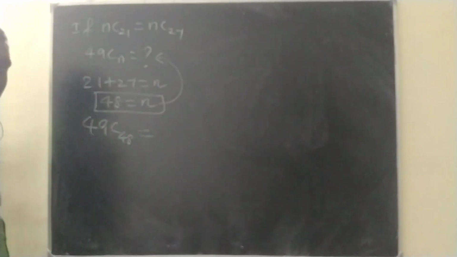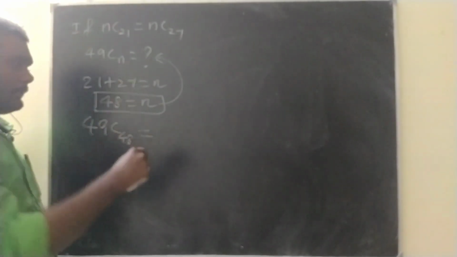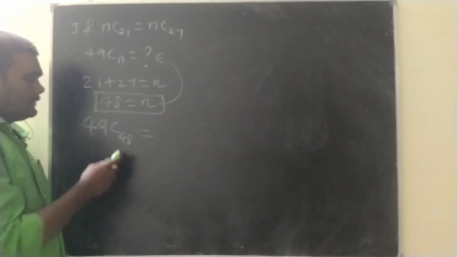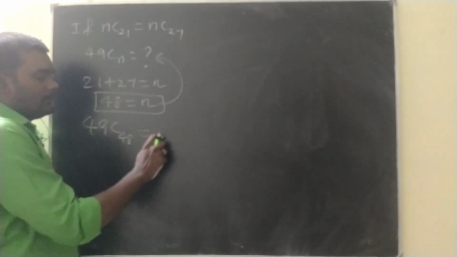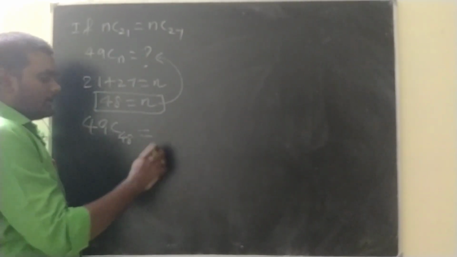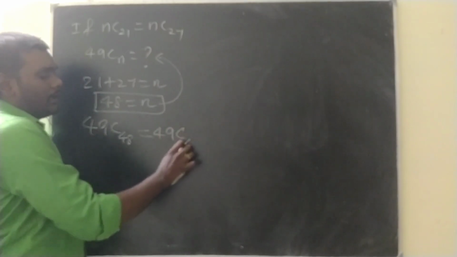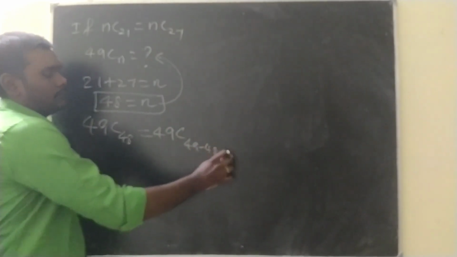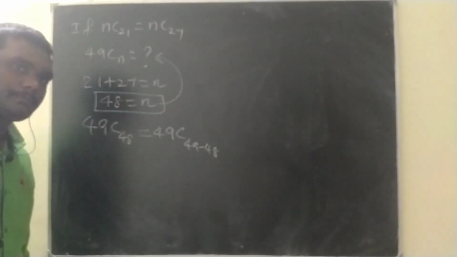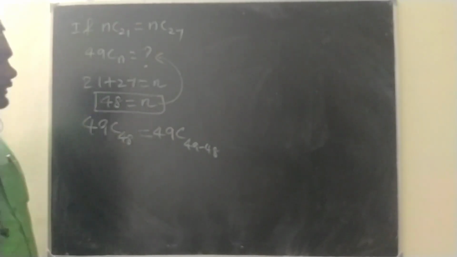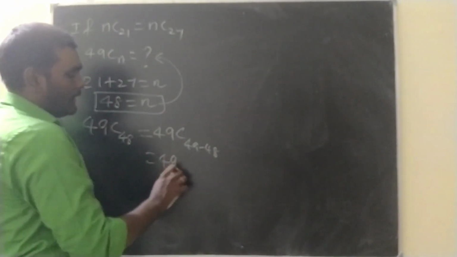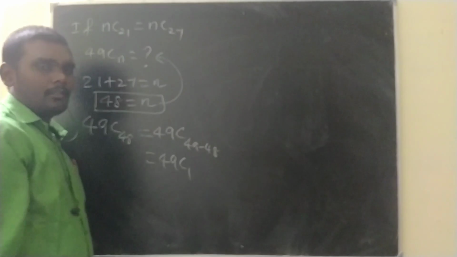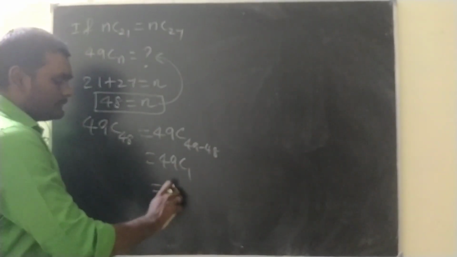49C48, what is it? We have another formula. nCr equals nC(n minus r), when this number is big to calculate. Remember, 49 minus 48. Then it is equal to 49C1. We made this simpler to calculate. What is 49C1?